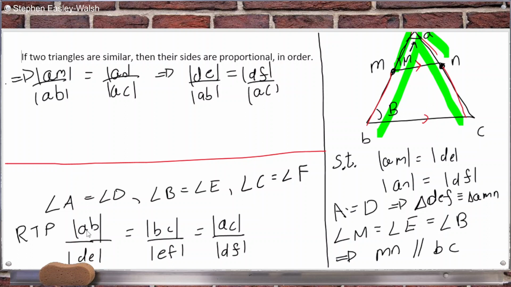Okay, let's see. I've got an AB I'm happy about, and I've got a DE, and I've got a DF and an AC, but it's just upside down. So if I just flip these upside down, AB over DE is equal to AC over DF. Okay, so I've shown that this one is the same proportion as this one. And the logic follows true for getting the last one as well.